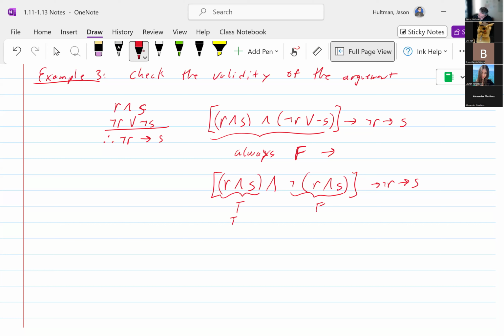But if R and S is false, then its opposite is true. Does that make sense? So no matter what I get for R and S, I'll always be combining it with its opposite. And the and statement shows that that's always false. The hypotheses are always false from De Morgan's laws. So it doesn't matter what the conclusion is, it's always a valid statement.